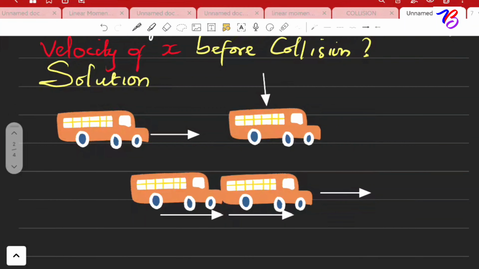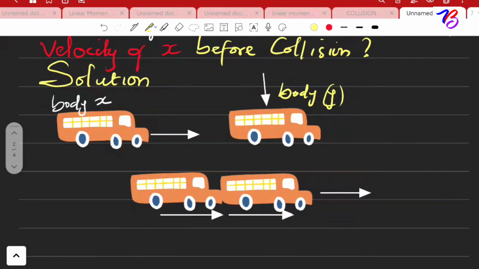Let's forge ahead. The first box is the first body x, then we have body y. Let's do that for the final momentum: x, and we have y. Then we have u of x, which is unknown, and u of y, which is 0 because it is stationary. Then we have v of x and v of y. 4 meters per second is our v of y, and v of x is given.